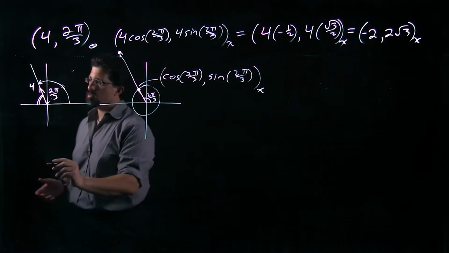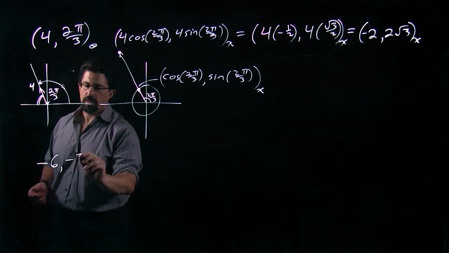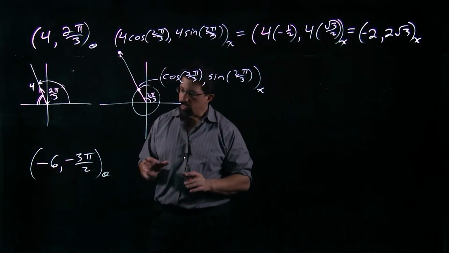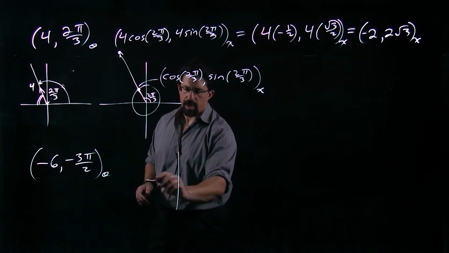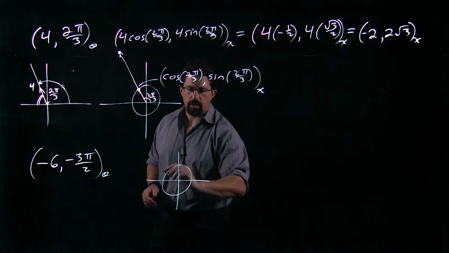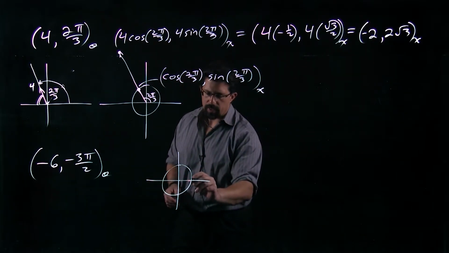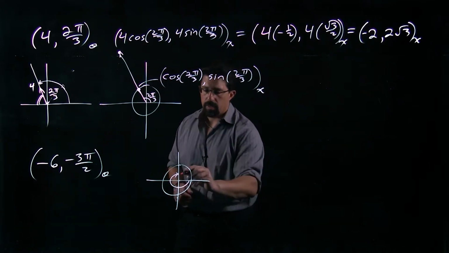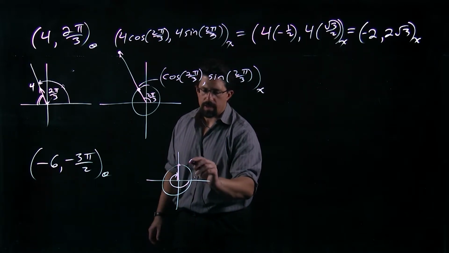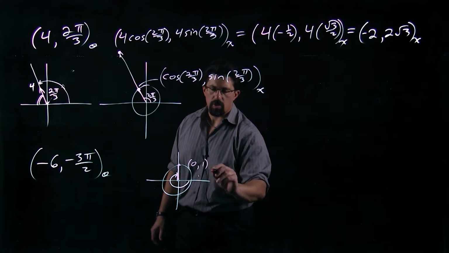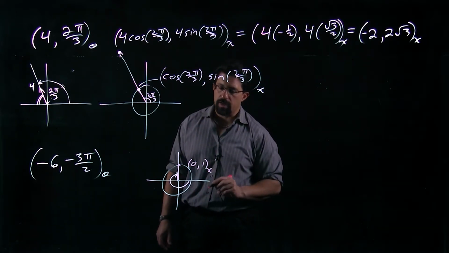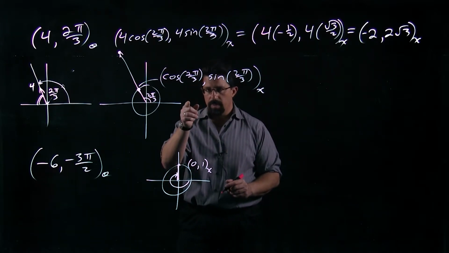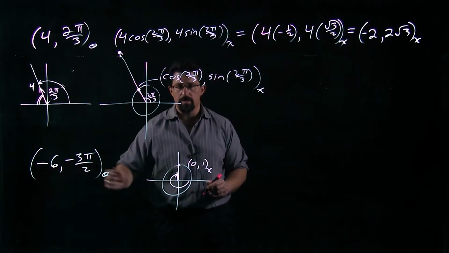If I wanted to take, say, (-6, -3π/2) in polar coordinates, now what I need to do is take the xy plane, look at the unit circle, and if I start over here and move negative 3π/2, this is where I end up. So my (cos, sin) is going to be at (0, 1) in the xy coordinates. Now we're facing that way, we're facing straight up, but then we're moving backwards. Our radius is negative 6.